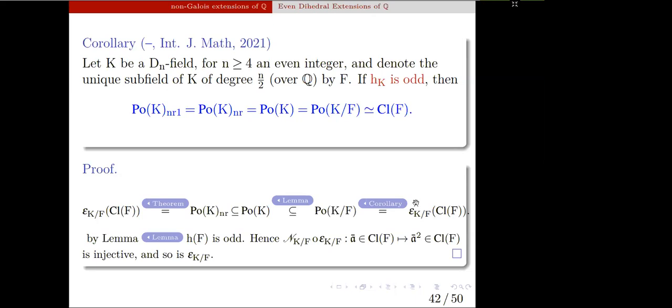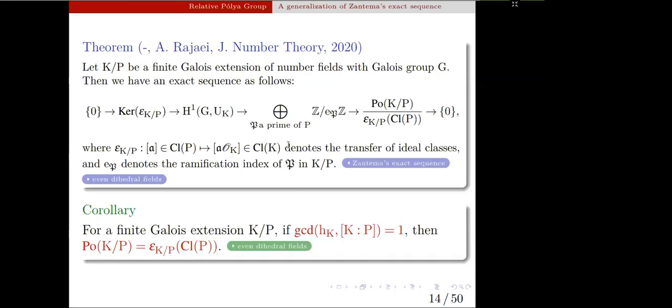I mean the quotient of the relative Pólya group by the cokernel of the epsilon map that appeared in the main exact sequence of relative Pólya. You consider the quotient on the right and call it the Ostrowski group of K over F. The relative Pólya group is not controlled by ramification, but the Ostrowski group is controlled by ramification.